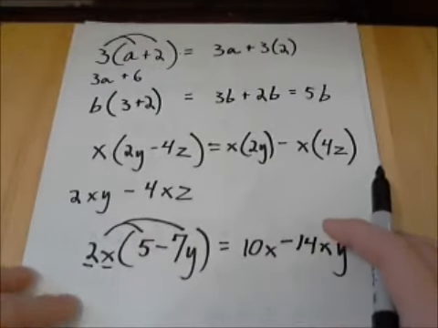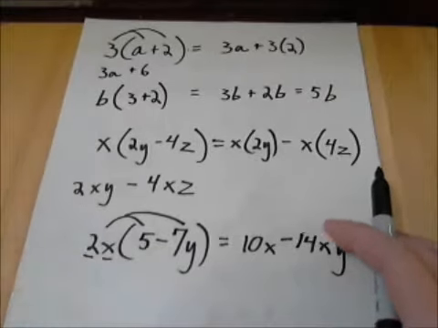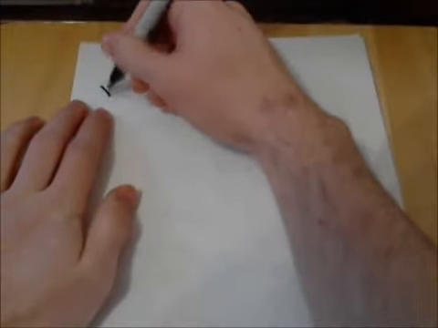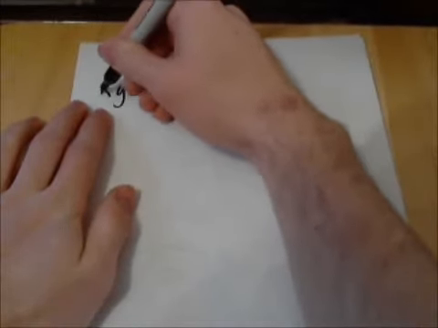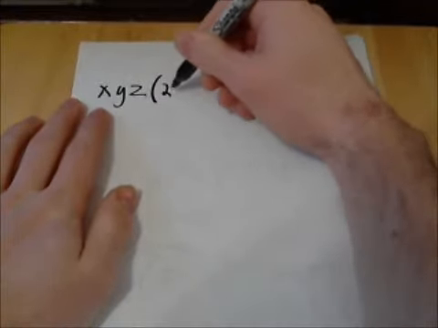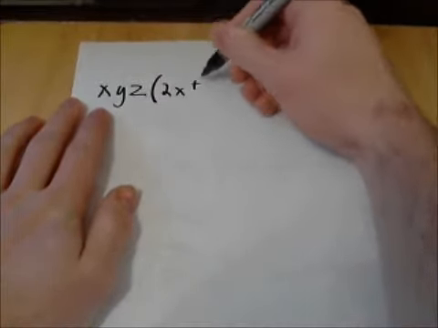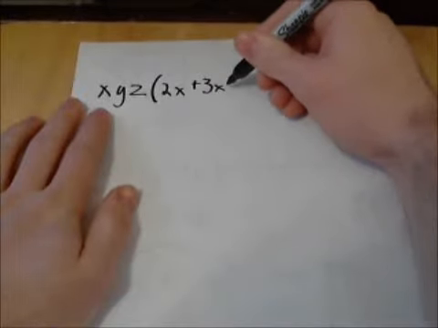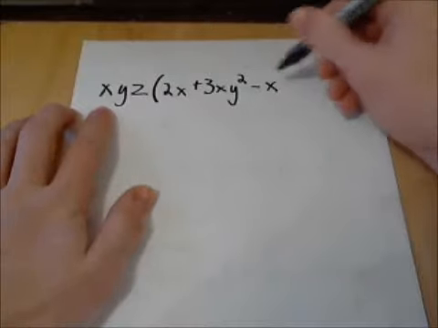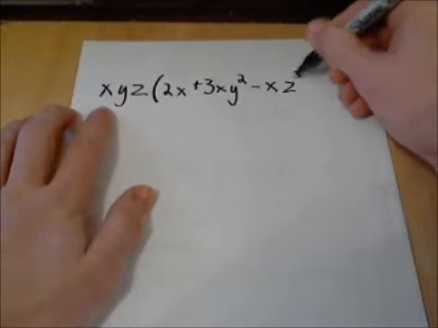So now let's take things up even further and try to really get things going here. So we'll take something like xyz times the quantity of 2x plus 3xy squared minus xz cubed.